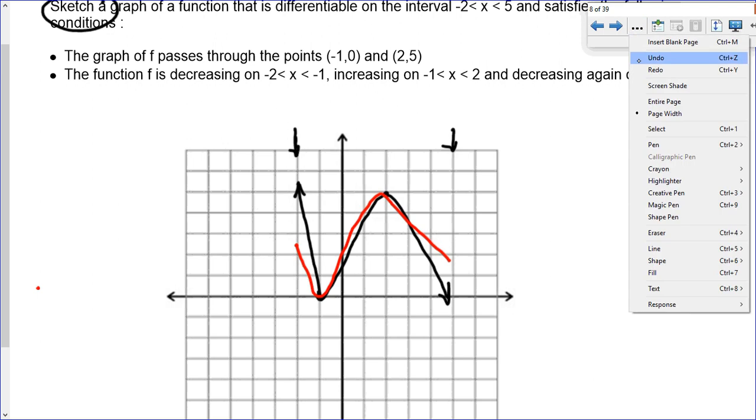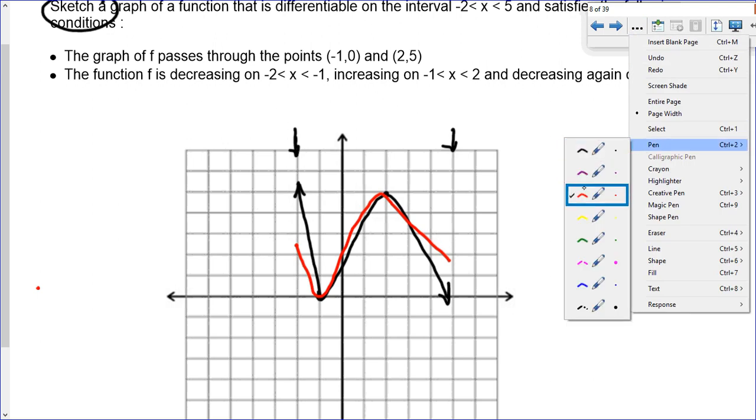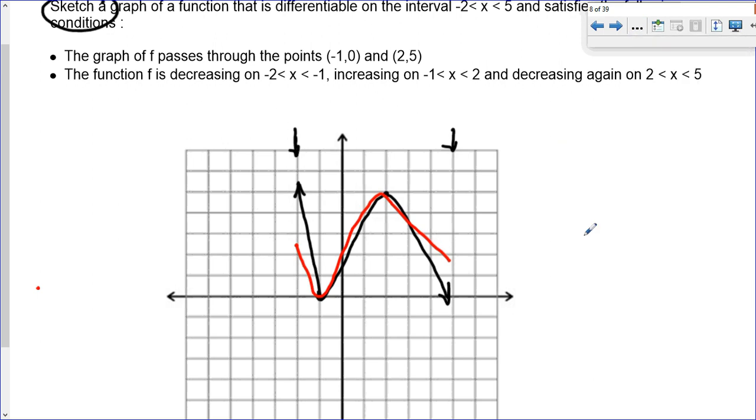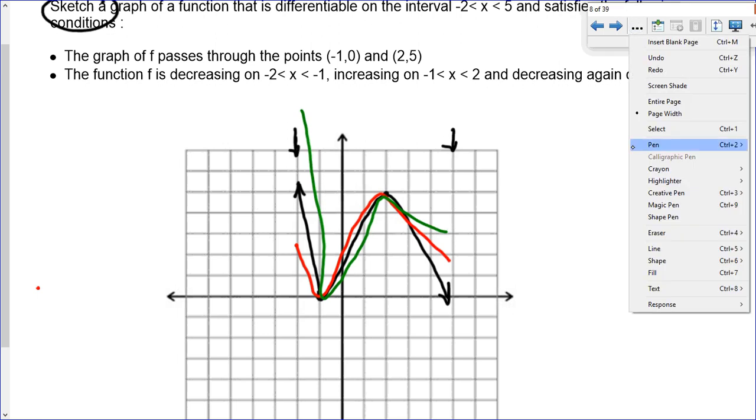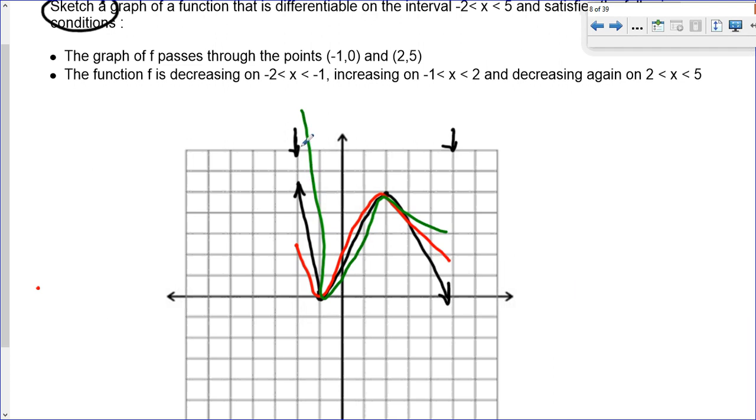I could also have, if I really wanted to do it in green, okay, I could also have way up here.